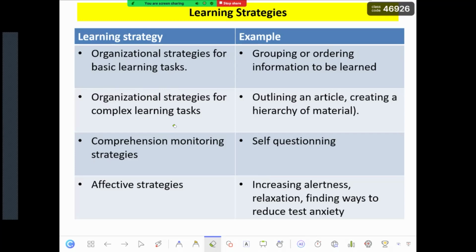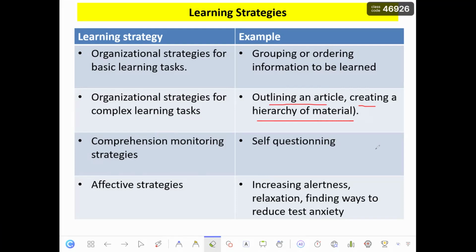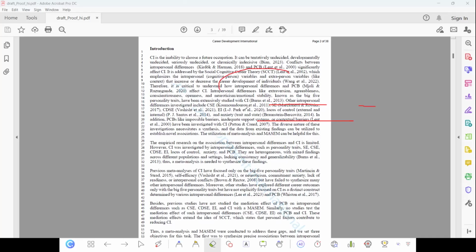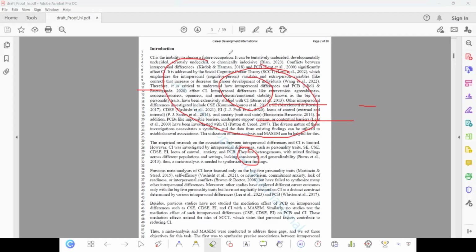Right. Organizational strategies for complex tasks: outline an article, creating a hierarchy of material, right? So, hierarchy of material, as I told you. Suppose this is the article, this one, main idea, hierarchy. This one, first paragraph, in this basically, I have highlighted background, right?